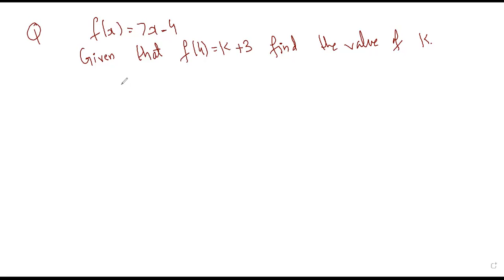So it says f of x equals 7x minus 4. Given that this is your condition, f of 4 is going to be 7 into 4 minus 4, that is 28 minus 4, and we are going to get 24. And we have been told that f of 4 equals k plus 3.